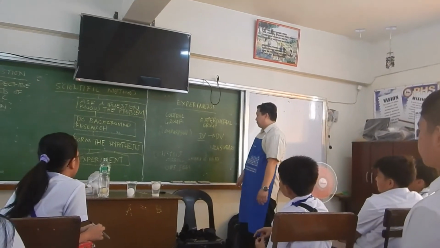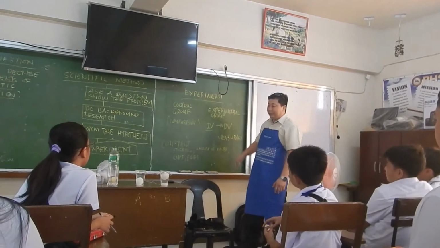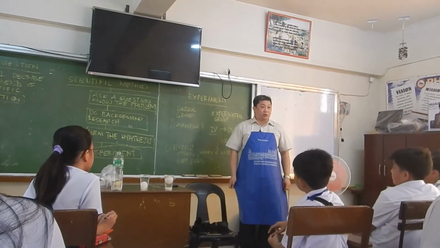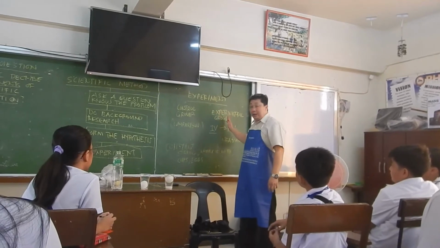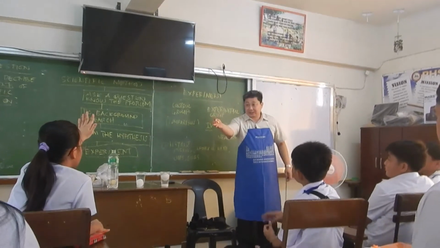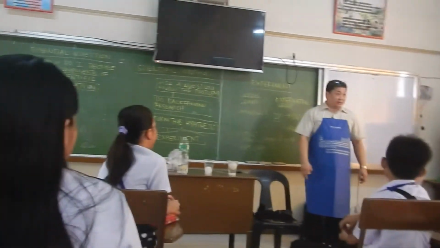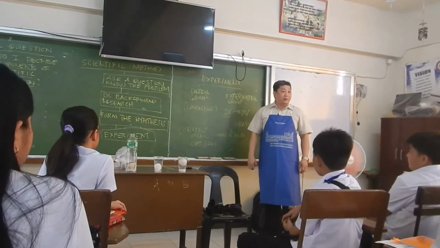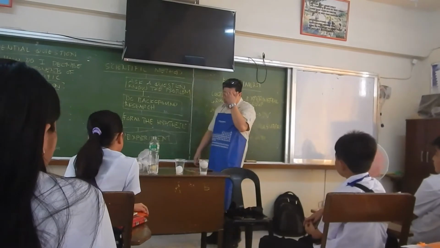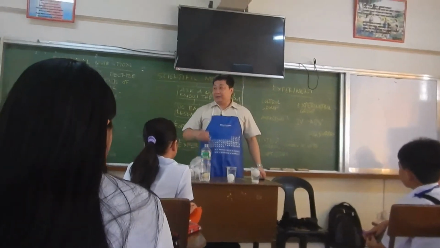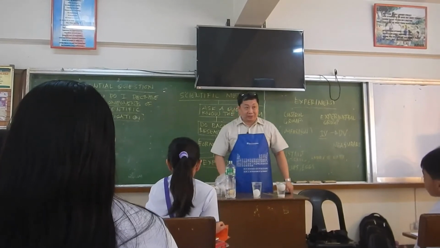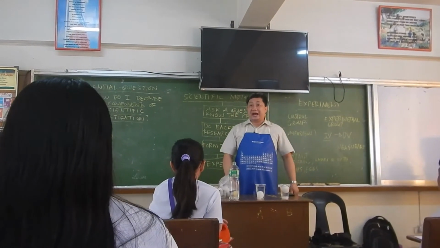Now, let us now go to the experimental group. Again, which is the experimental group? Setup A or setup B? Yes, setup B. In the experimental group, we have the independent variable. So what is the one thing that we change in setup B? Yes. What's that? The position of the egg. Did we change that?